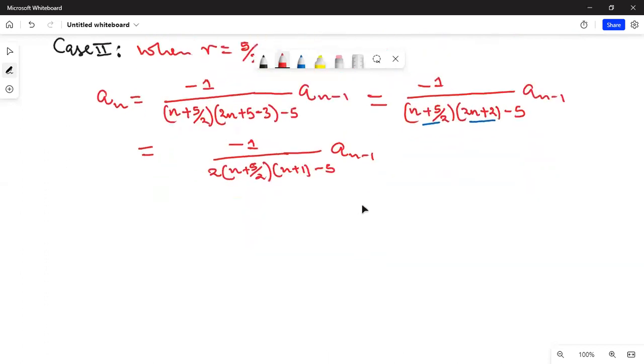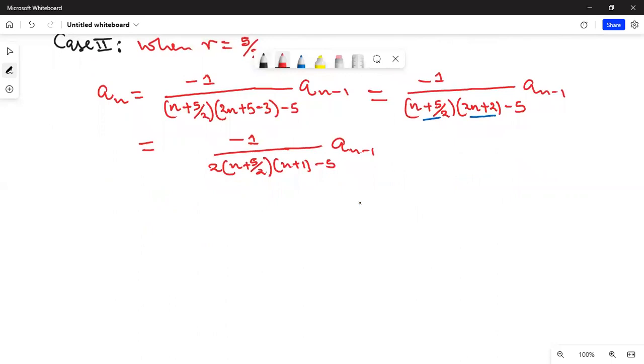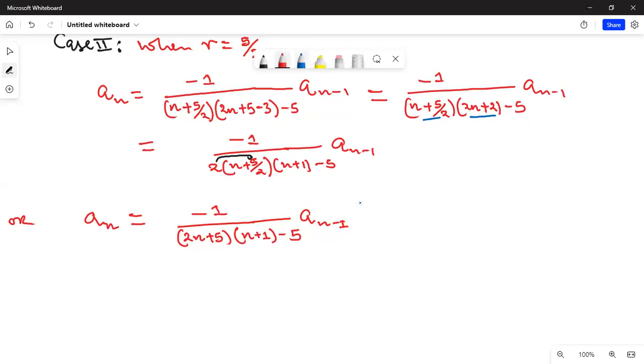When I take the 2 inside that bracket, this will be equal to -1 over 2n plus 5 times n plus 1, minus 5 times a_{n-1}, or a_n is equal to that.